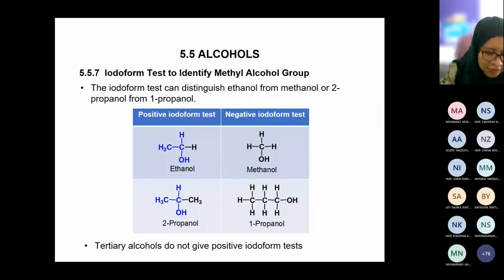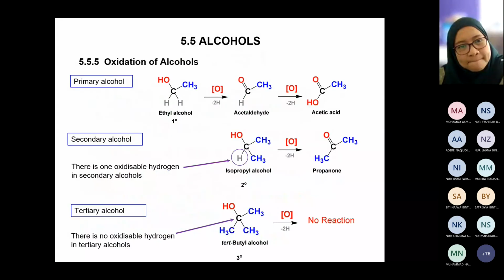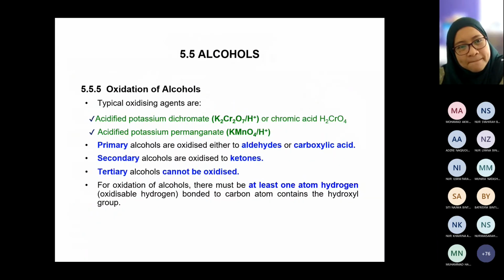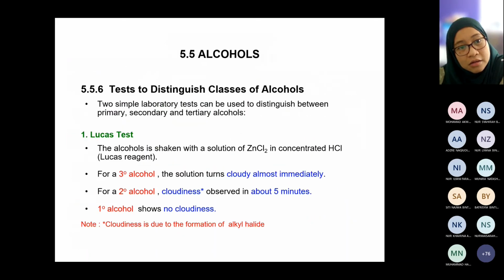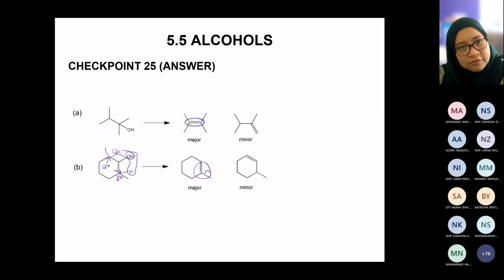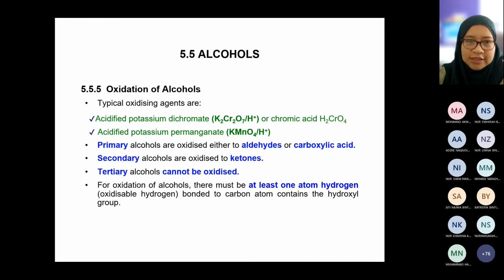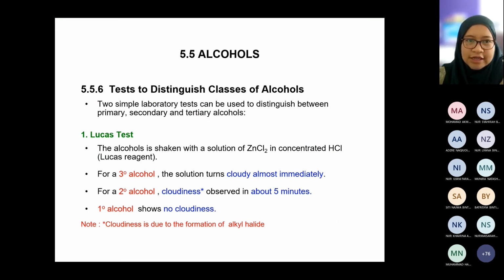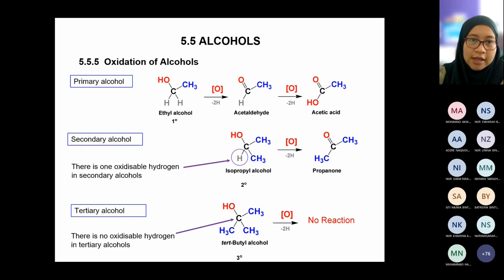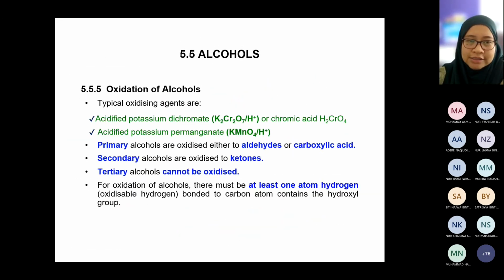Sekarang buat apa? Lama pun tambah. Okay, maybe we can finish up the oxidation, dia punya reaction dulu, okay? So later kita akan ada test to distinguish classes of alcohol, like what we have for alkene last time, okay?